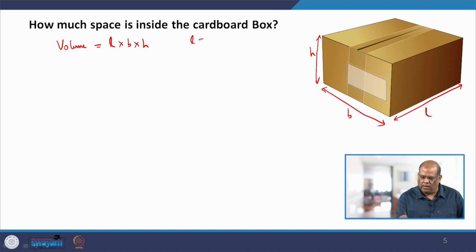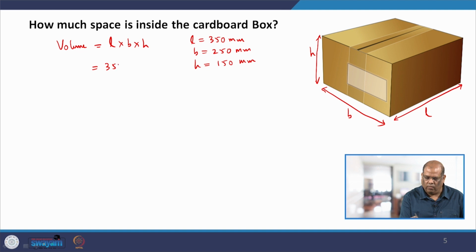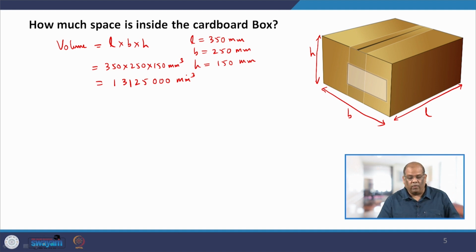Suppose our length is 350 millimeter, breadth is 250 millimeter and height is 150 millimeter. Then it can be easily calculated that your volume is the product of the length, breadth and height, and that product is 13125,000 millimeter cube.